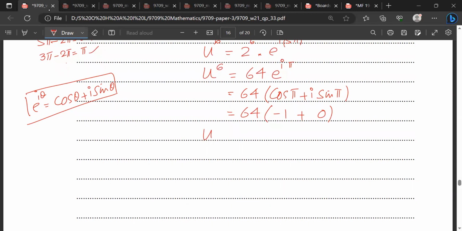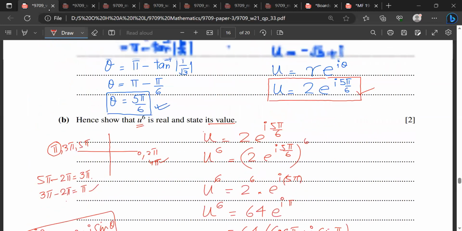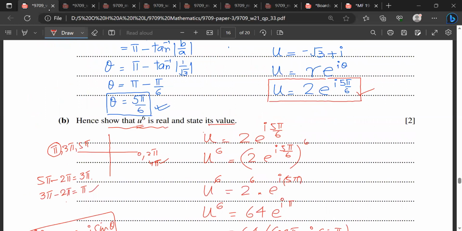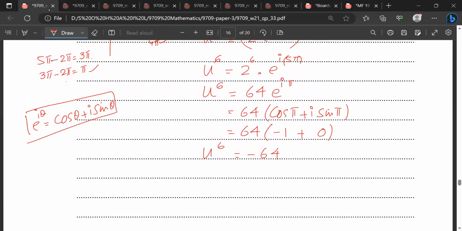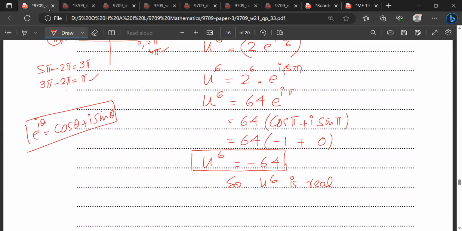So u power 6 is equal to minus 64. The question was, show that this is real and state its value. So obviously u power 6 is real and its value is minus 64.